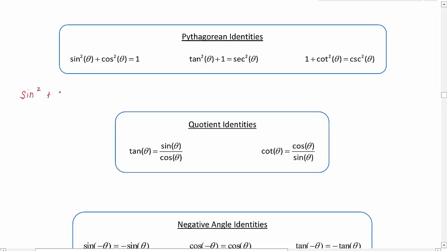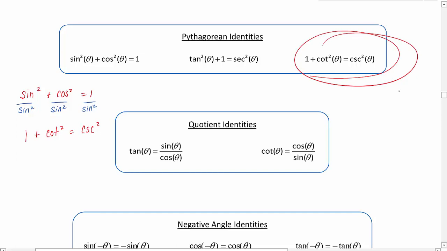So if we have sine squared plus cosine squared equals 1, if I divide each one of these terms by sine squared, which is a legal math move because I'm dividing all terms on both sides of the equation, this is going to simplify and give us 1 plus cosine over sine is cotangent, and then 1 over sine is cosecant. And that gives us the third of the Pythagorean identities.